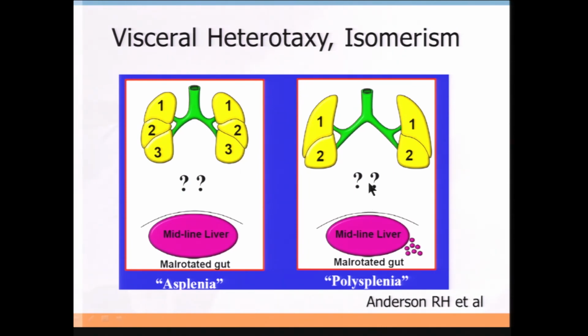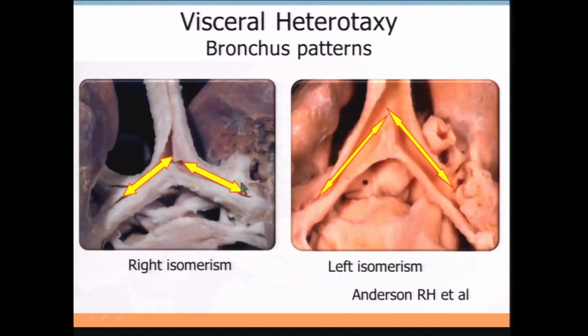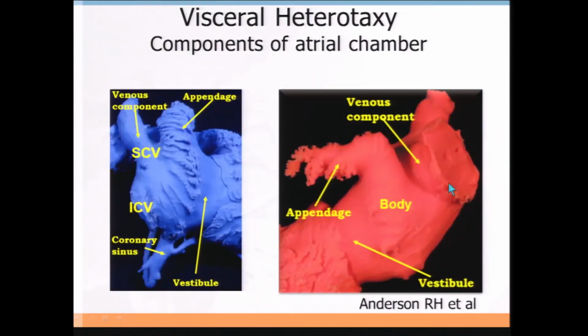Some patients had bilaterally left side organs with bilateral two-lobed lung and long left main bronchus pattern, usually associated with polysplenia. This is a left isomerism. And again, it shows the bilateral right bronchus pattern in right isomerism, bilateral left bronchus pattern, long left bronchus pattern in left isomerism. But the most consistent anatomic feature indicating visceral heterotaxy is the anatomy of the atrial chamber.